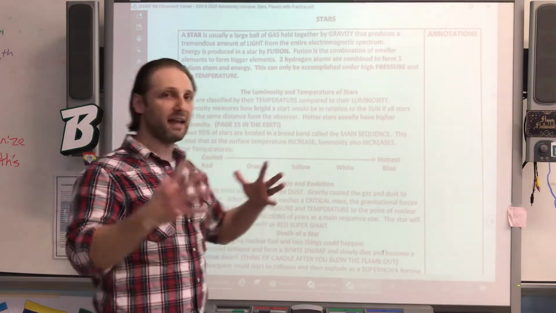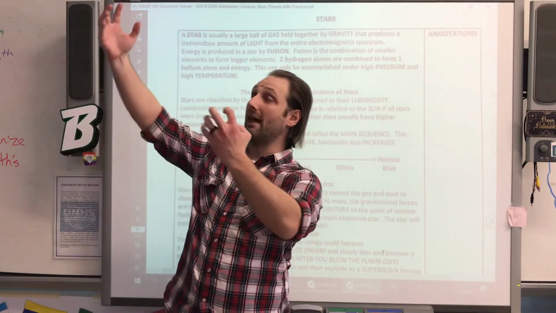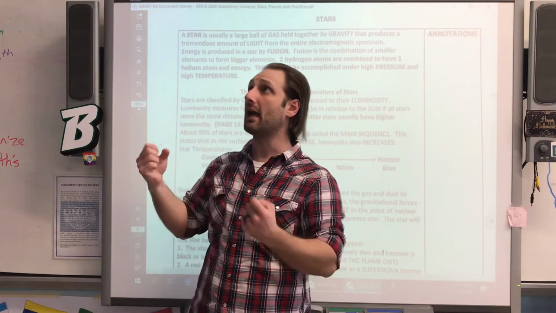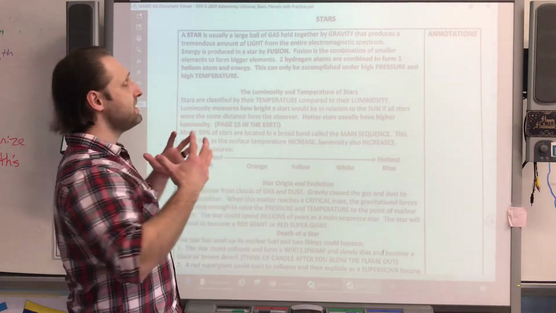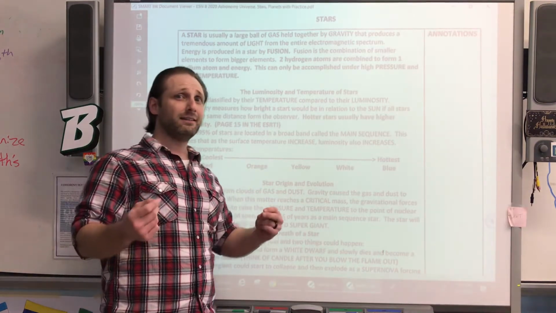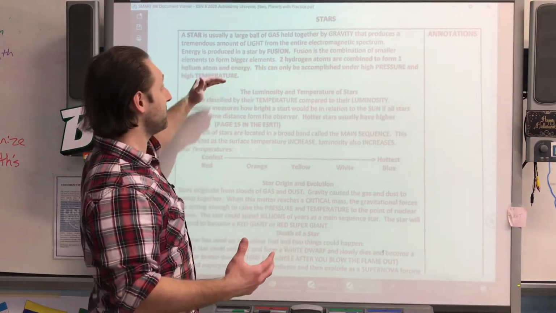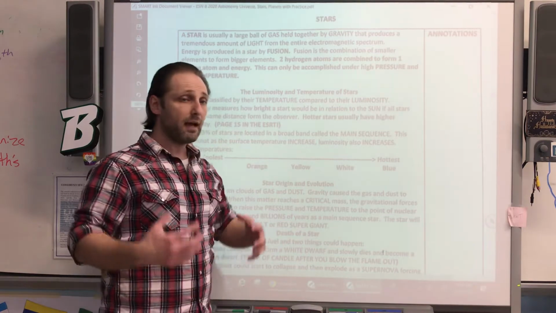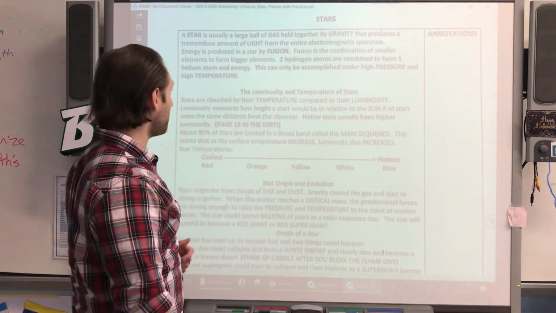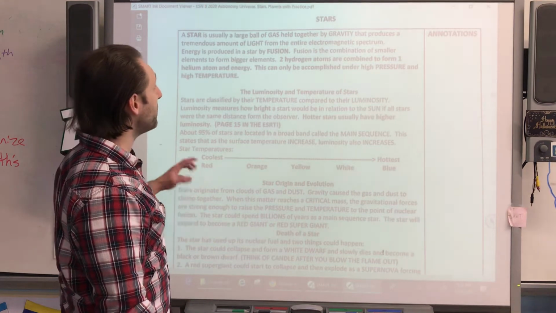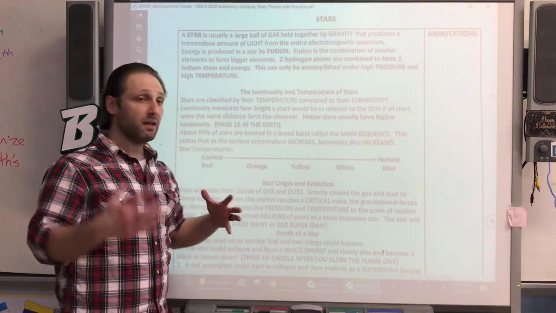That fusion is what then gives us all that light and all that heat and all that radiation for Earth. So it is not a light topic to take on. This is going to be pretty heavy in terms of how important it is for all of life on this planet. Okay. Now, how do we start analyzing stars?